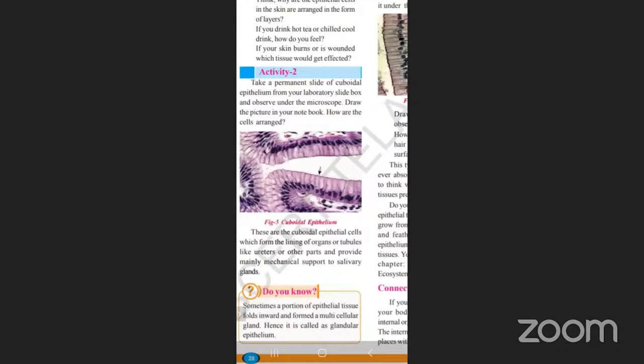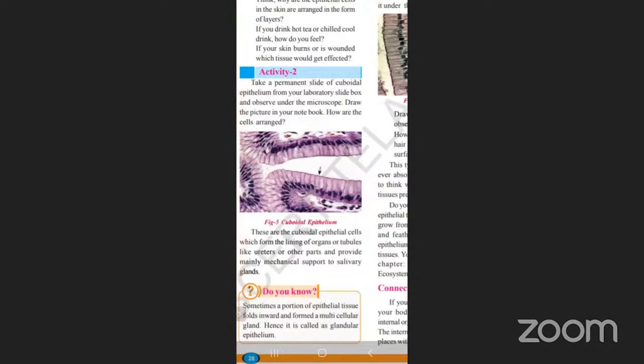You can convert this matter into that format: aim, apparatus, precaution, procedure, observation, result, and opinion. Opinion should be more than result, because result is just what you have observed and seen. But opinion will be more. What is your opinion from that particular activity?